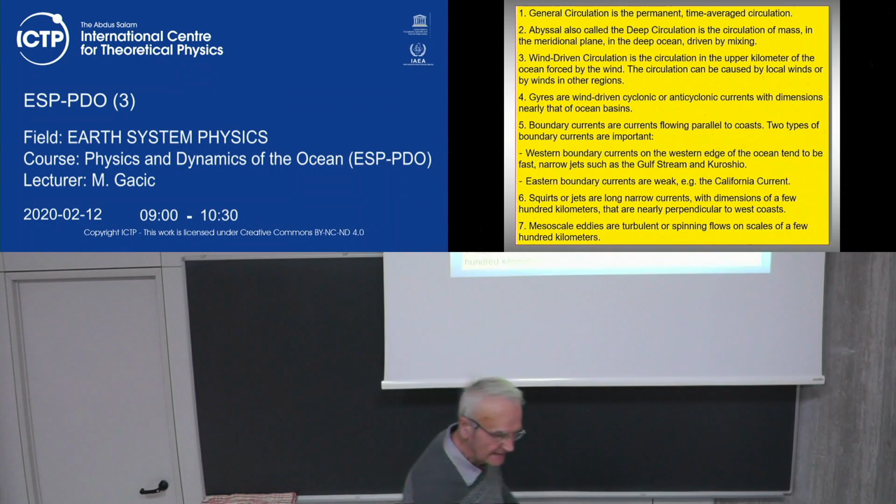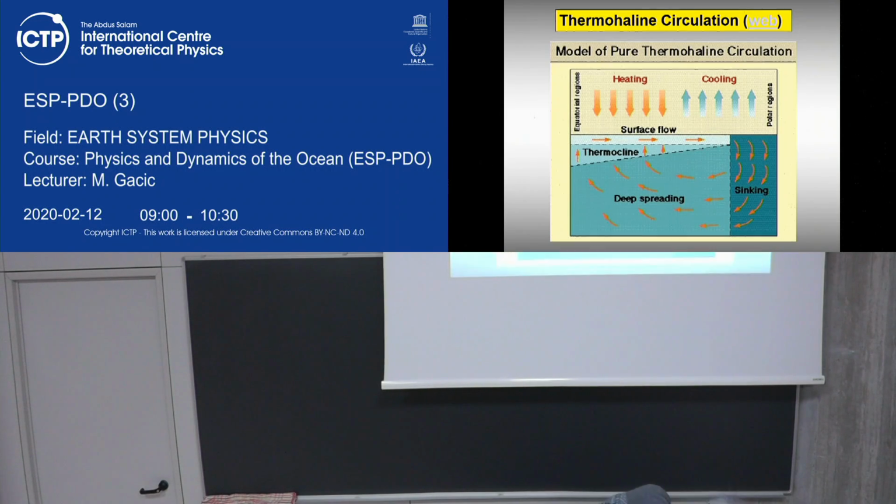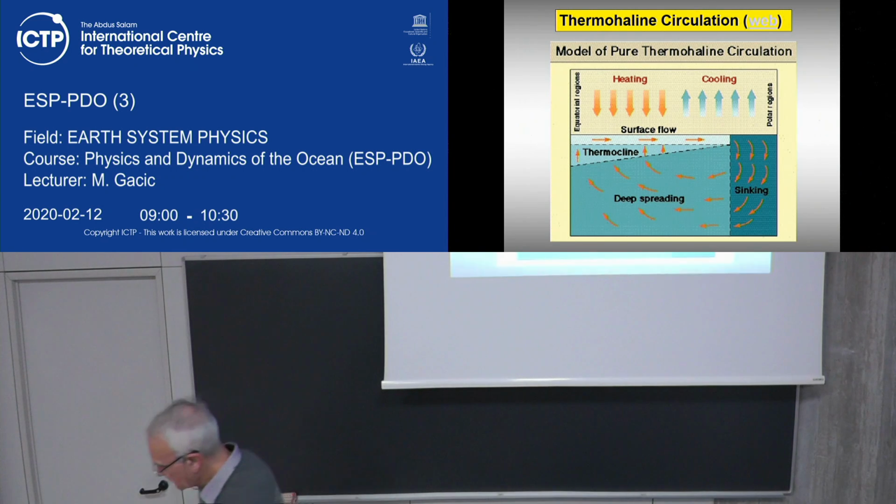So, why is this important? Let's start first by looking at the scale of the ocean and trying to understand the steady circulation without considering the wind, without considering any forcing, except the differences in temperature and salinity.